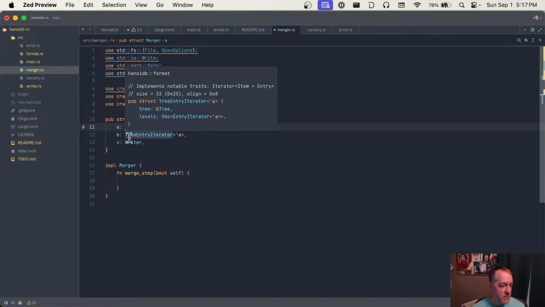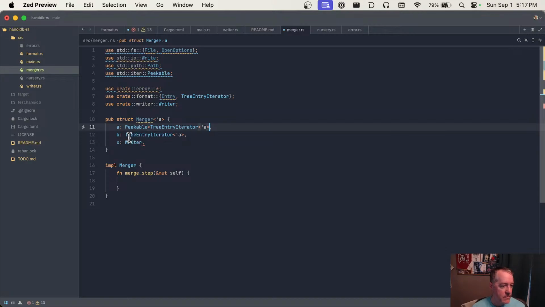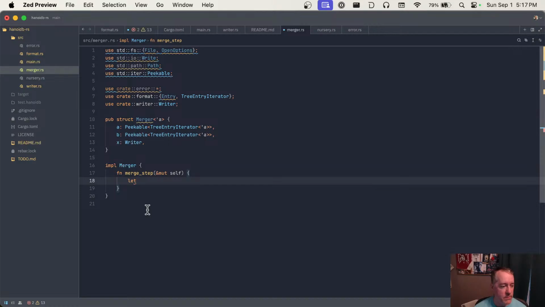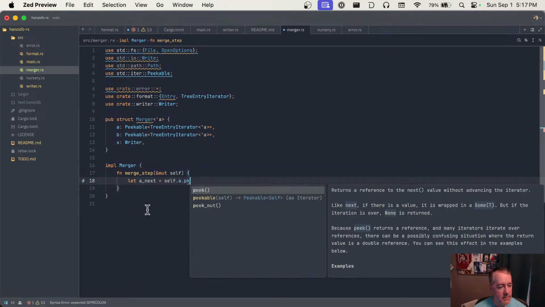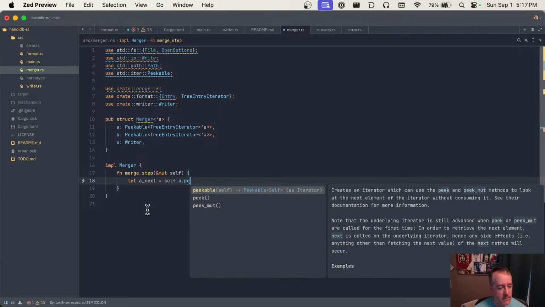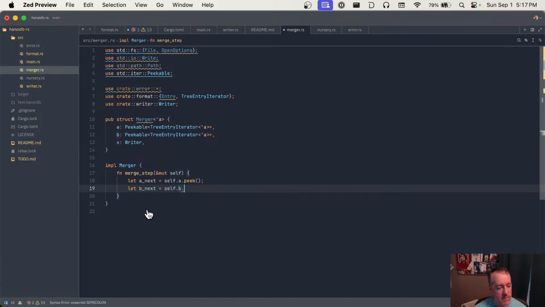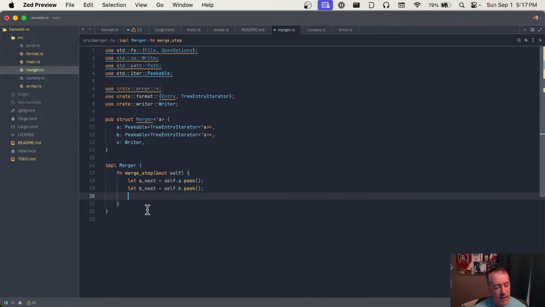And this is going to be peekable, right, because we want to make sure that we can advance them independently. Okay, so we could say a next is self.a.peek, right? Let b next be self.b.peek.